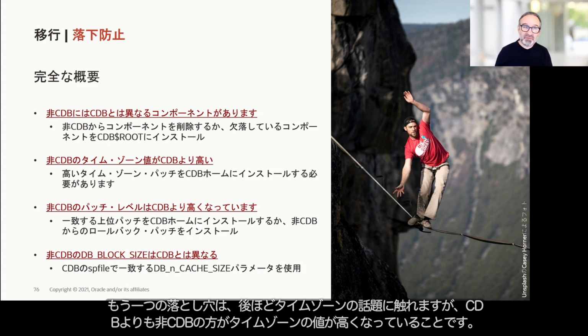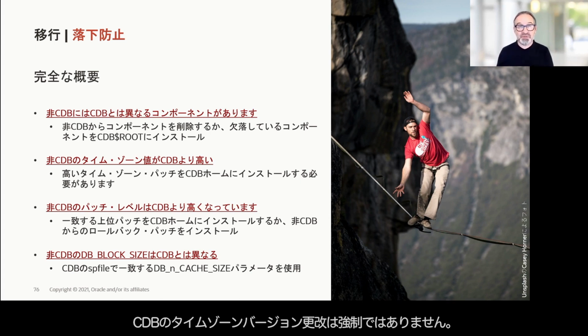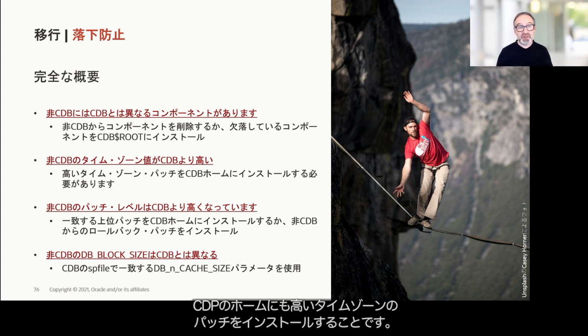Another pitfall, and we come to the time zone topic later on in this presentation, is that the non-CDB has already a higher time zone value than the CDB, because there you patched already up to the maximum, and the CDB comes with the time zone version out of the box. Very simple workaround: you install the higher time zone patch also into the CDB's home.